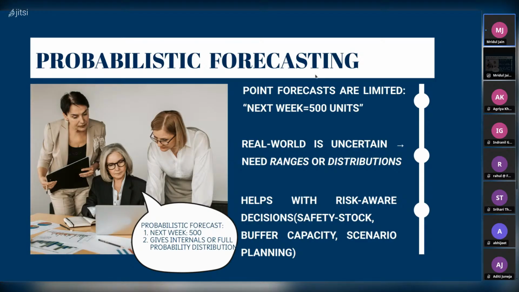So that's the whole idea of probabilistic forecasting. And of course, the real world is uncertain, so you need to have ranges and distributions. And this kind of forecasting helps with risk aware decisions. For example, you can have safety stock, you can keep buffer capacity, and also you can do scenario planning for the future, right?